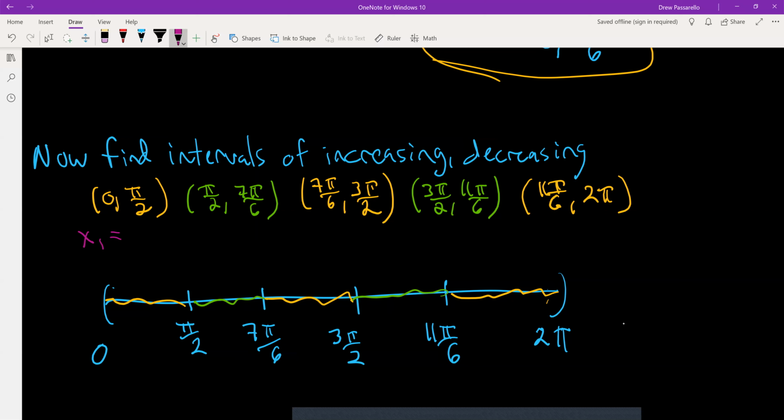I'll choose pi over 4. A value that's in between pi over 2 and 7 pi over 6 would be pi. A value that's in between 7 pi over 6 and 3 pi over 2, you could do 5 pi over 4.